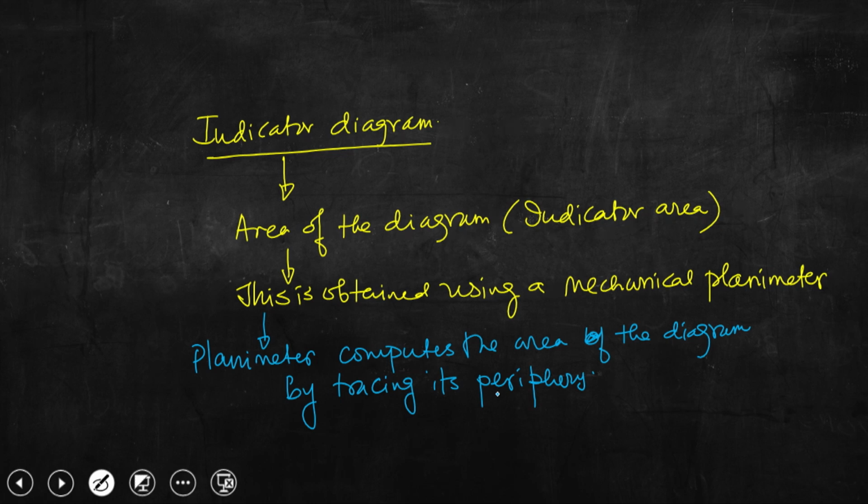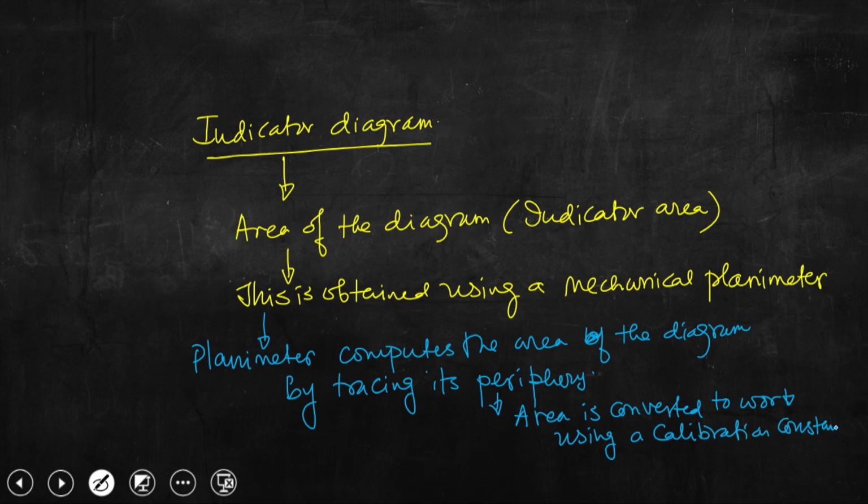So, the area is converted to work using a calibration constant.